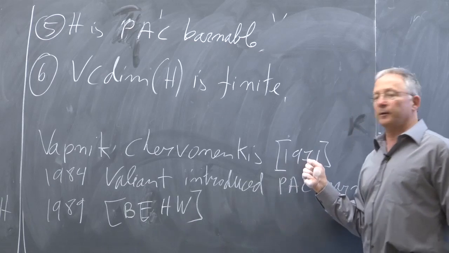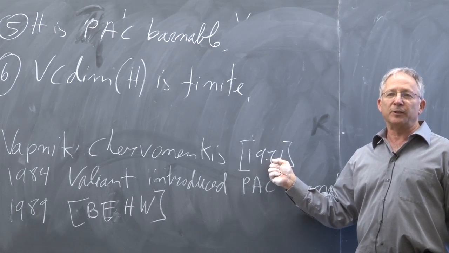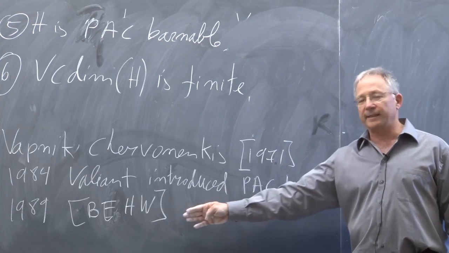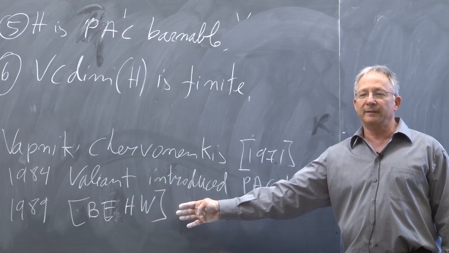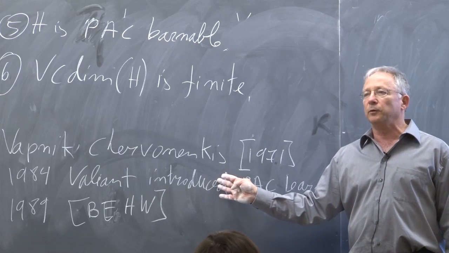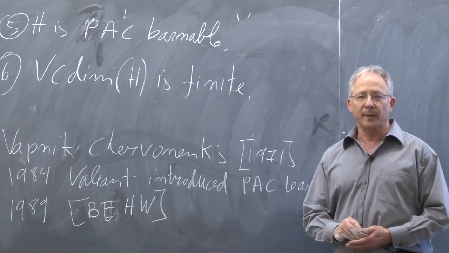So the theorem has a statistical statement in the Russian literature. Then Valiant defined the model. Then these authors noticed, or reproved, that the result of Vapnik and Chervonenkis actually applies to the new definition of learning. So that's as far as the history goes.